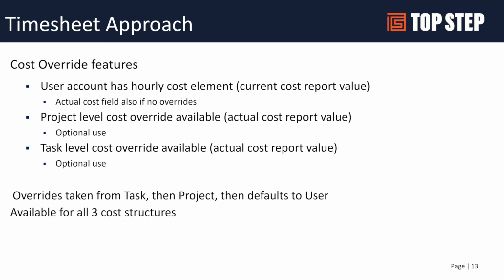But maybe at this project level, the contractor who otherwise was $50 an hour is going to charge you $60 an hour because it's a higher level role or more expertise. So there is the ability to turn on project level cost override and set those project level cost overrides, so that as the time is entered, you would pick up the override cost instead of the user level cost.